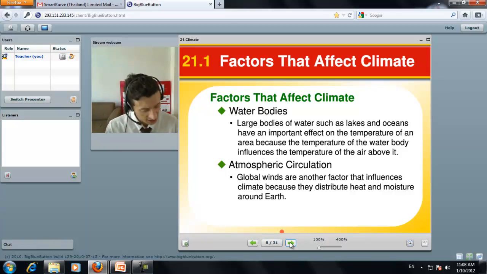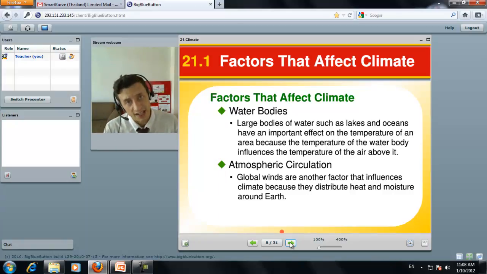A good example of this is Western Europe. Now, Western Europe, like France, Spain, and Italy, are much warmer than Eastern Europe, the areas like the Czech Republic and Poland.